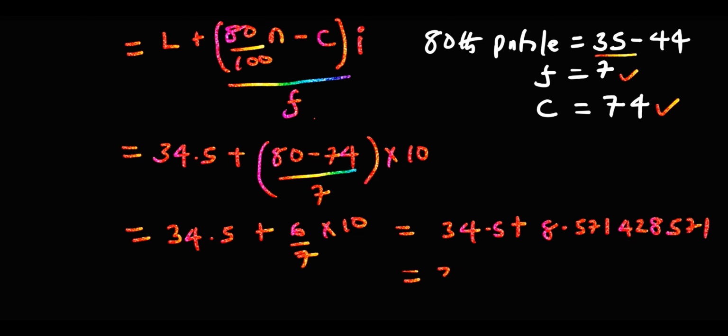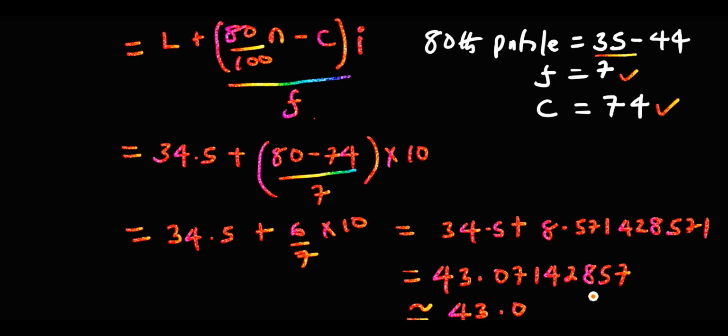So you add the two, that will be 34 plus 8 is 42. Then the other one, 5 plus 5 will be 1. So we have 43.07142857. So that is approximately 43.07 as the 80th percentile.